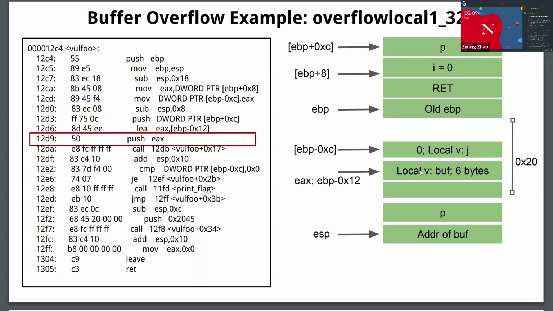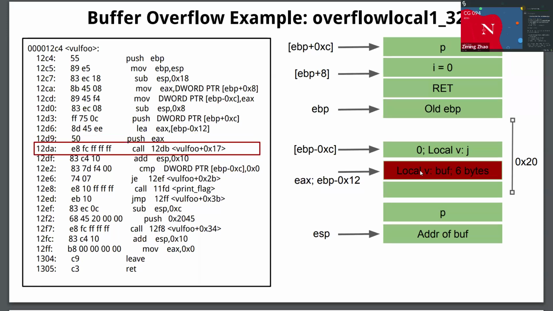Now after those 2 pushes, we make the function call to the vulnerable function string copy. What will string copy do? It will copy from the source to the destination. String copy is, of course, its own function. That's why its stack will be somewhere down there, right?